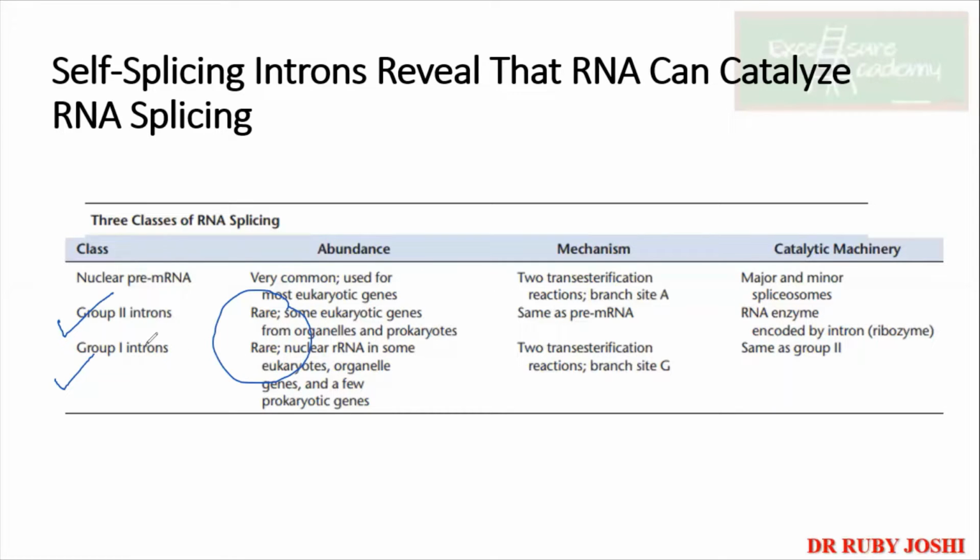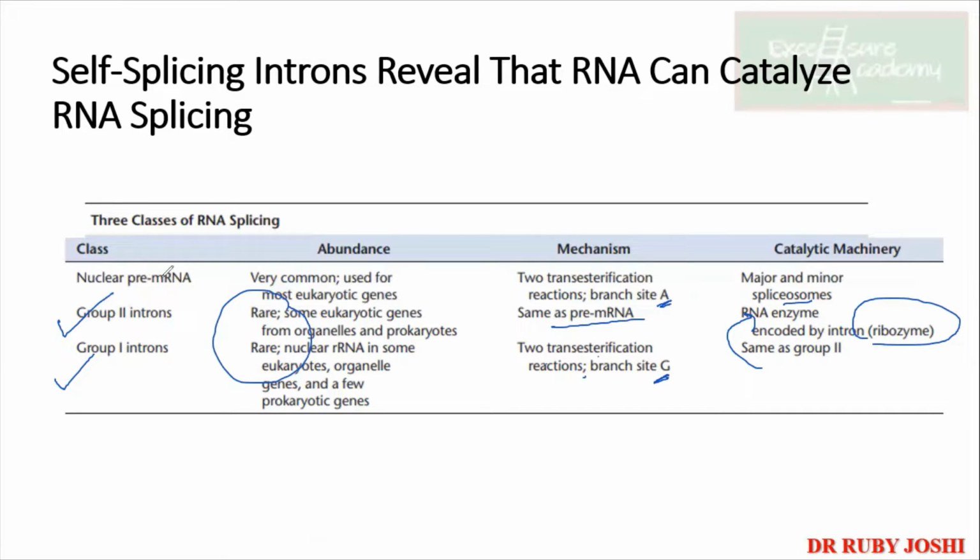Now in group 2, the mechanism is the same as that of the pre-mRNA, but instead of spliceosomes, we have the ribozyme. Now coming to group 1, it is again two transesterification reactions. Instead of the branch A site, in group 1 we have G, and the catalytic machinery is the same as group 2. That means both are ribozymes. So you need to understand this table in such a way that you can see the similarities.